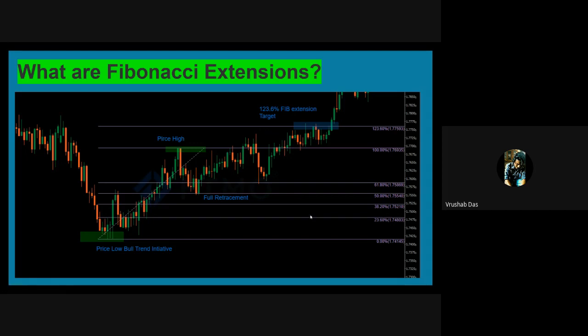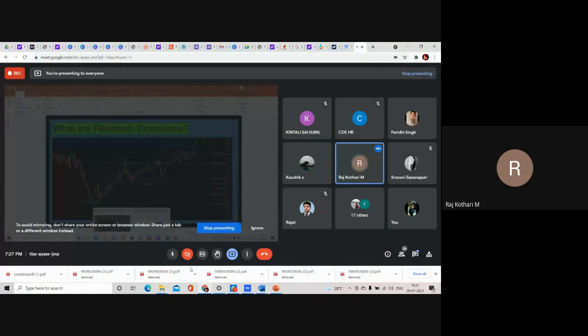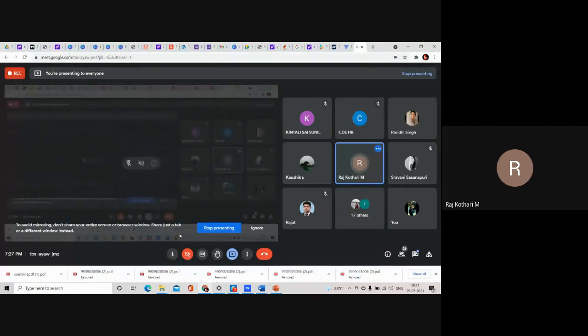So you mean that if a stock is at 10 rupees and it's 50%, that means it has crossed 15 rupees? You mean that? No, I don't really mean that.